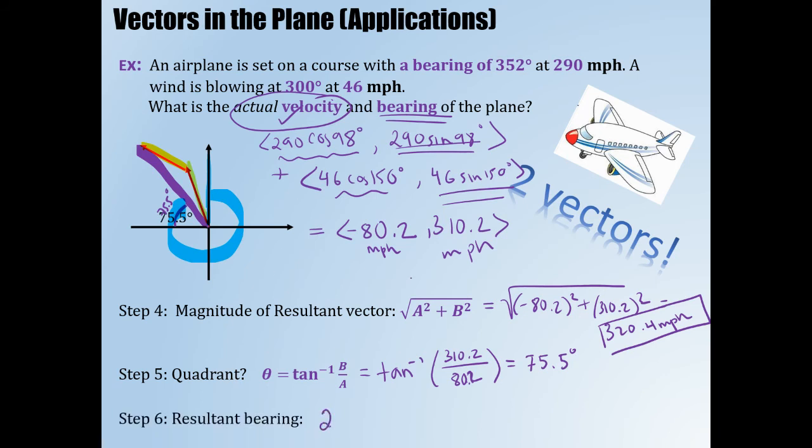I just have to add 270 degrees, so starting from here to here, plus 75.5. And I'm going to get that the bearing is going to be 345.5 degrees. All right. So two vectors there acting on each other.